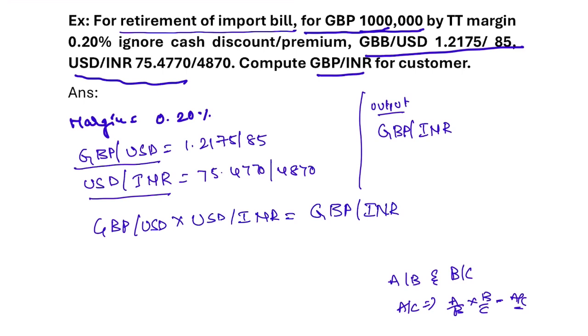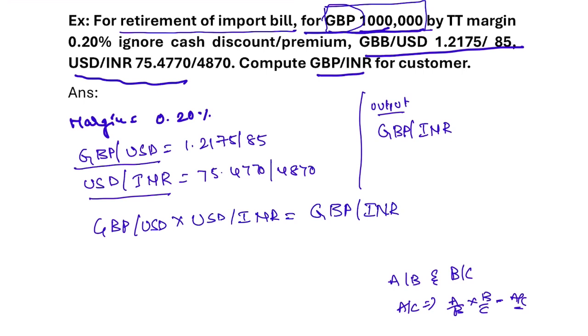The exporter sent a bill that GBP 1 million has to be paid by the customer. This Indian customer remits the GBP to that overseas customer. Means the Indian customer needs to purchase GBP, the Great Britain pound. What is he having? He is having INR.